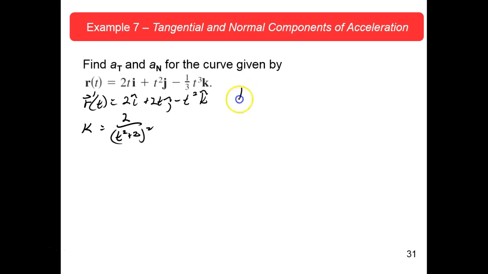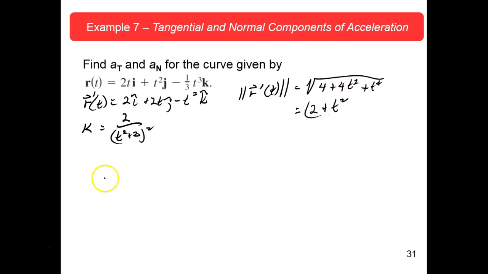When you do R prime of t, the magnitude of R prime of t, remember what that gave us? Square root of 4 plus 4t squared plus t to the fourth, which we interpreted to be 2 plus t squared, 2 plus t squared, right? Remember we did that? Okay.